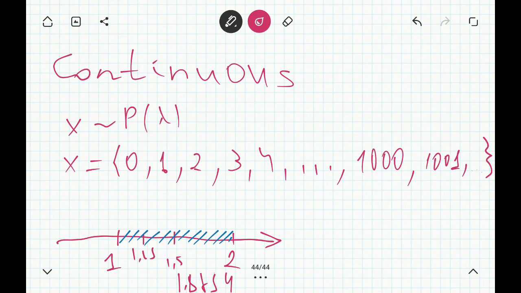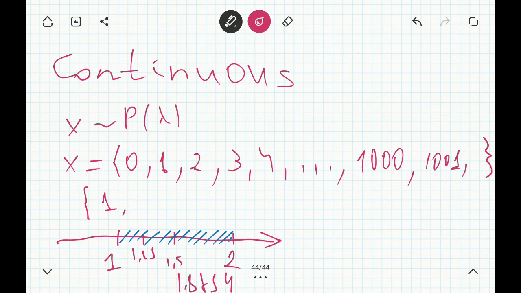So if we look at this example, when we have continuous variable spread between 1 and 2, there is no way to do something like this. So, for example, you can have exactly 1. What is the next number after 1? Well, if it was only integer numbers, I would put 2.